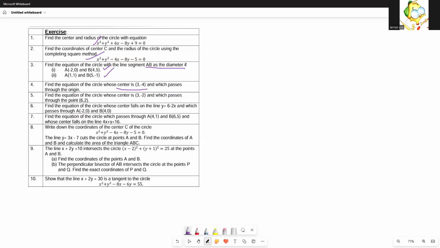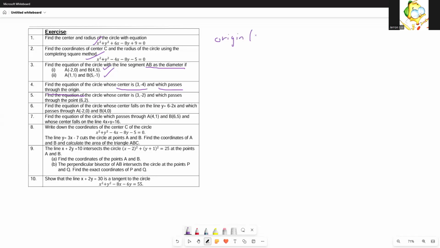So basically, the equation of the circle. Now, the center is 3, -4, and it passes through the origin. What does it mean by passes through the origin? It means that the origin, which is actually supposed to be 0, 0, okay, is on the circumference.